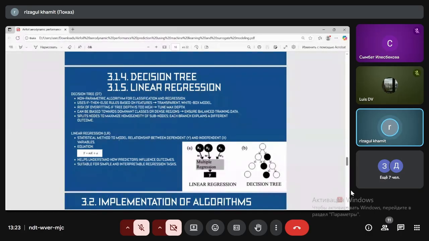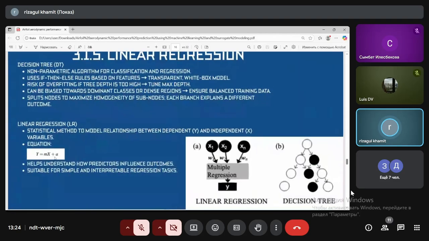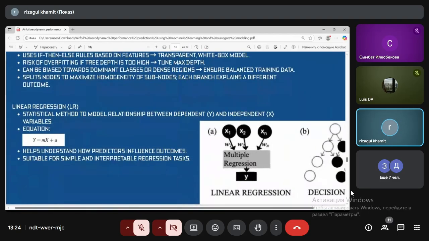Linear regression is a statistical method, as I said. It is employed to establish a connection between the value of the dependent variable and independent variables. Its equation looks like this on the picture. Here, x is independent values, and for each value of x, there is a subpopulation of y variables that are homogeneous.